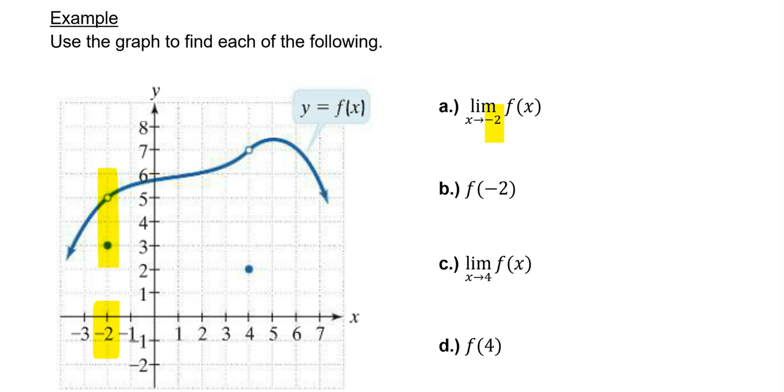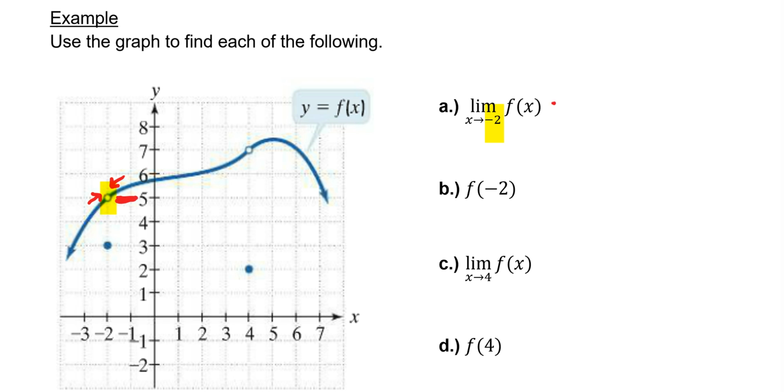So as x approaches -2, since we're doing a limit, that means we're trying to figure out what the y values are approaching from the left and from the right as x gets closer to -2. So that's going to be the little arrows that I have drawn in, and it's approaching this hole value, and the hole value is the answer to the limit.